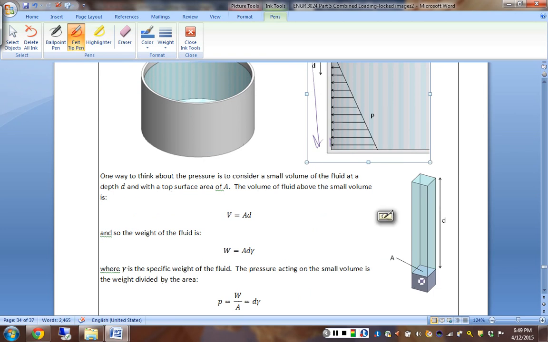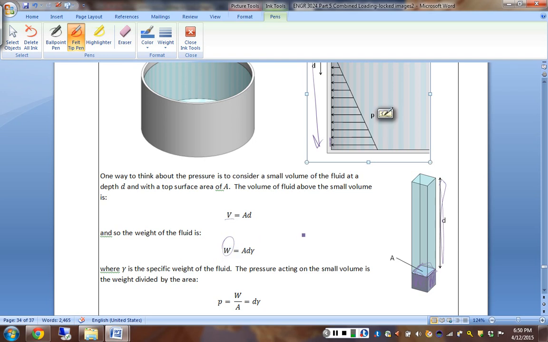One way to think about that: if we think of a volume at the bottom of the tank that has a cross-section of A, the fluid column above our chosen area is a volume that is the depth times the area, and the weight of that acting on our chosen area surface is that area times the specific weight.